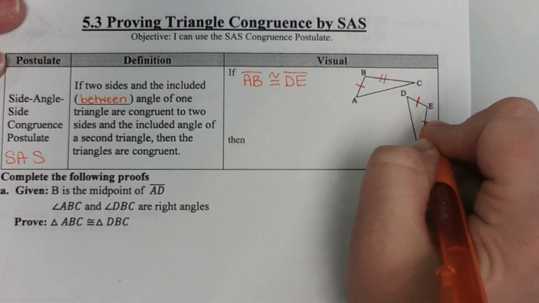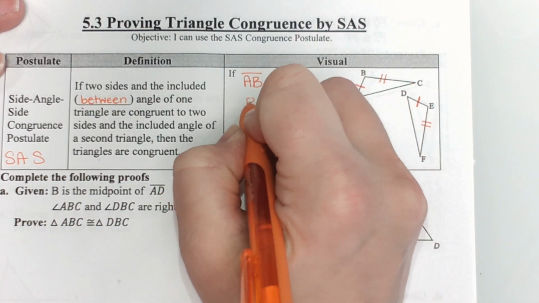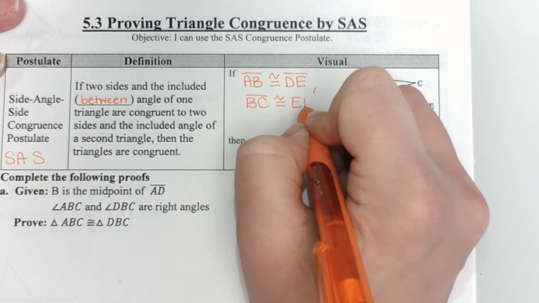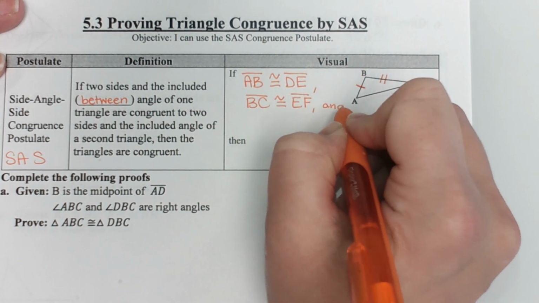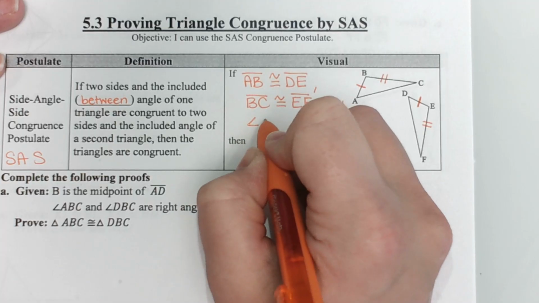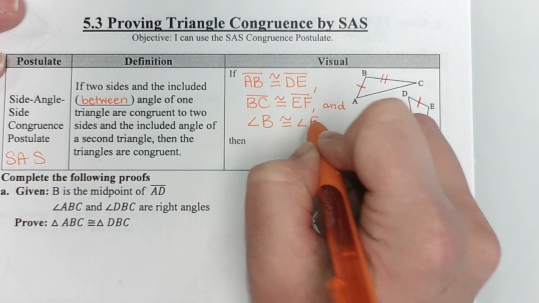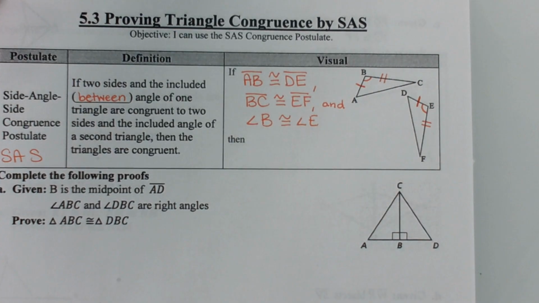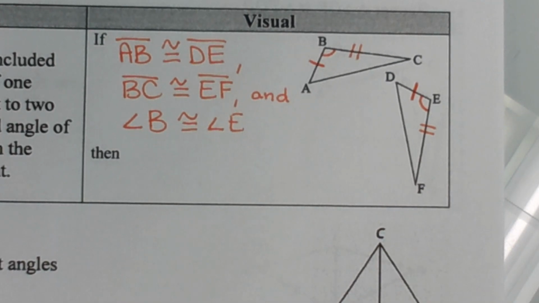We would also have that BC is congruent to EF. And we would also have that angle B is congruent to angle E. So both triangles are set up right now where there are two pairs of congruent sides and the angle between them.